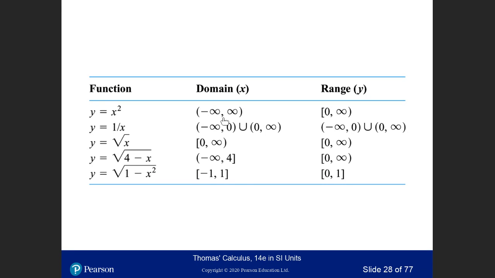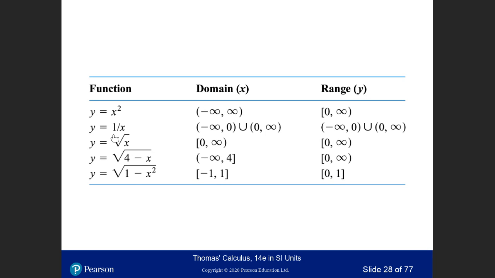Now this function is defined between minus infinity and plus infinity, which means the set of all real numbers. Minus infinity and infinity are not included because they are not real numbers. And as you can see, the range is between 0 and infinity because this function always takes non-negative values.